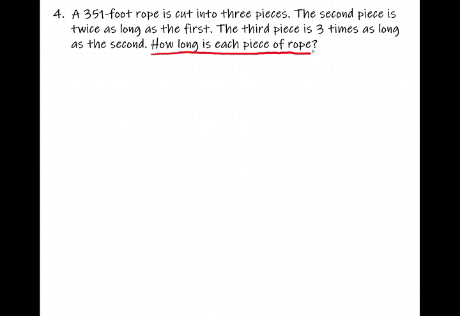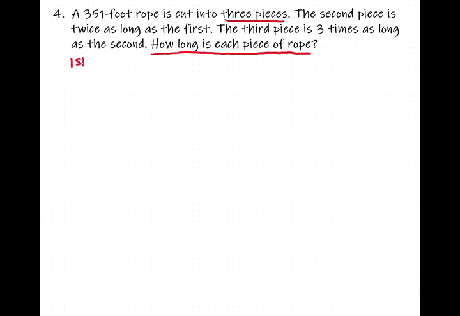So in this case, this is a little different than the last 3 problems. There are multiple unknowns here. There's actually 3 unknowns. There's 3 pieces of rope. And we want to know how long is each piece. So there's 3 unknowns.